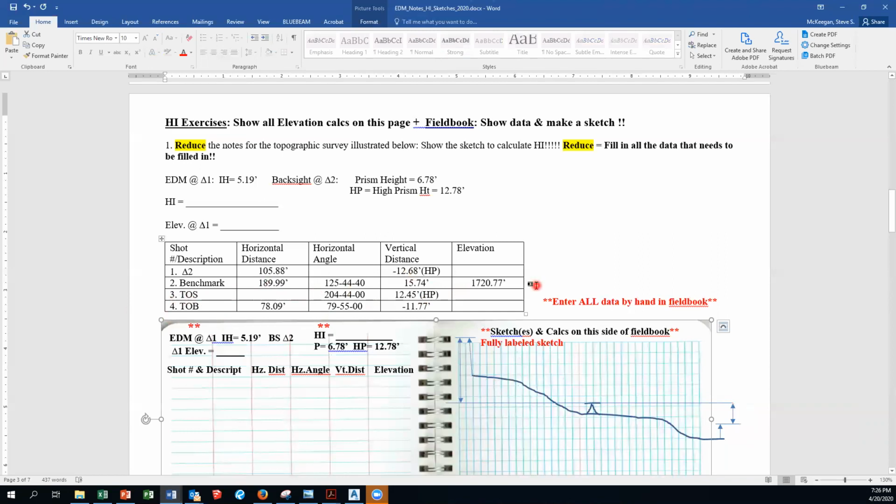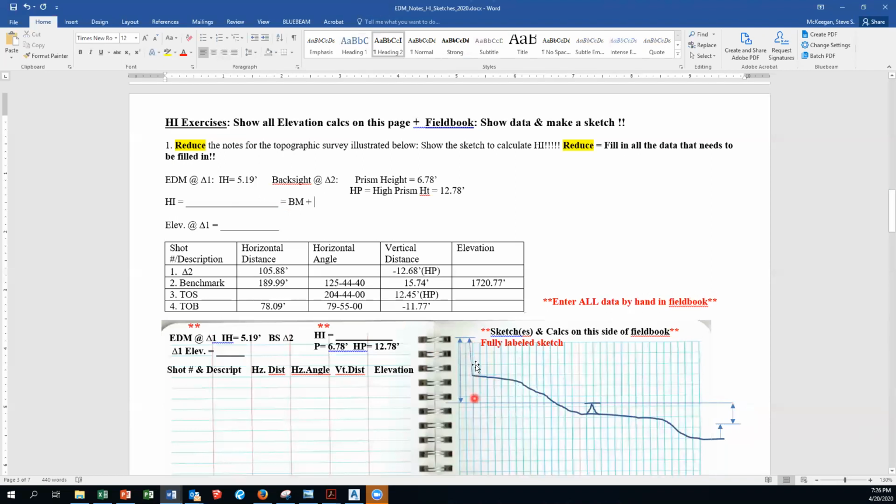Okay. So let's see if we can calculate the HI. The HI is right here, and the benchmark is right here. We start from a point of known elevation, so it's going to be equal to benchmark plus what? Plus the prism height.